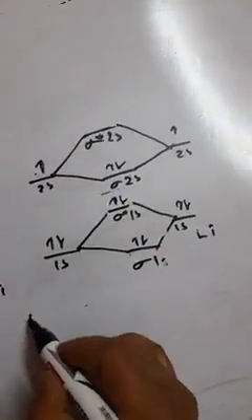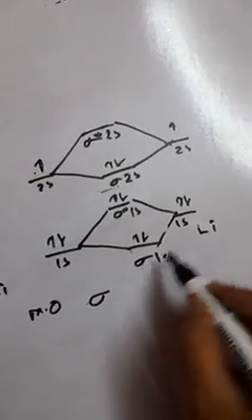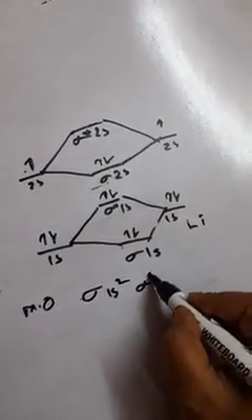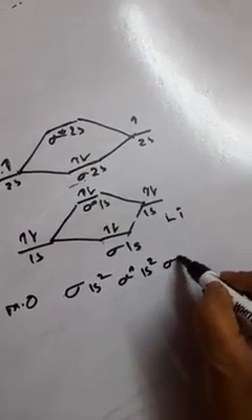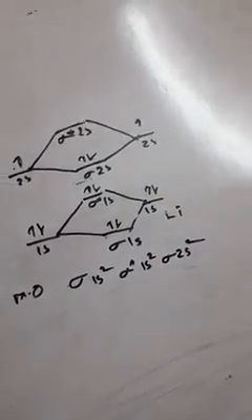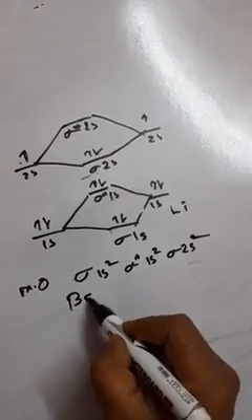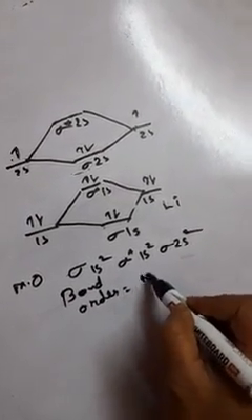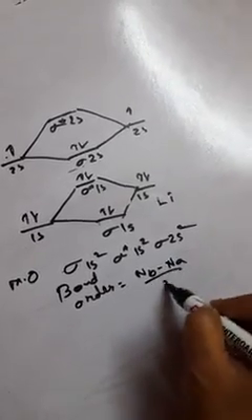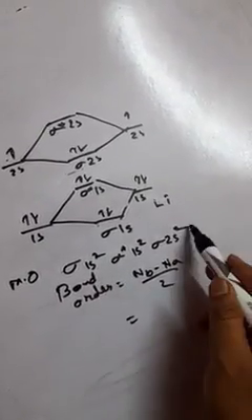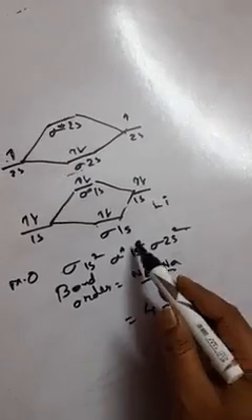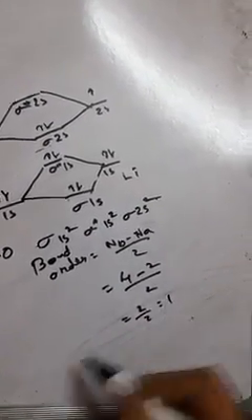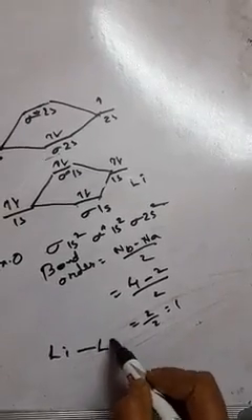So the molecular orbital configuration is sigma 1s2, sigma star 1s2, sigma 2s2. Bond order is (Nb minus Na) by 2: bonding 2 and 2, so 4, minus antibonding 2 electrons, by 2, so 2 by 2, that is 1. So lithium will form a single bond.